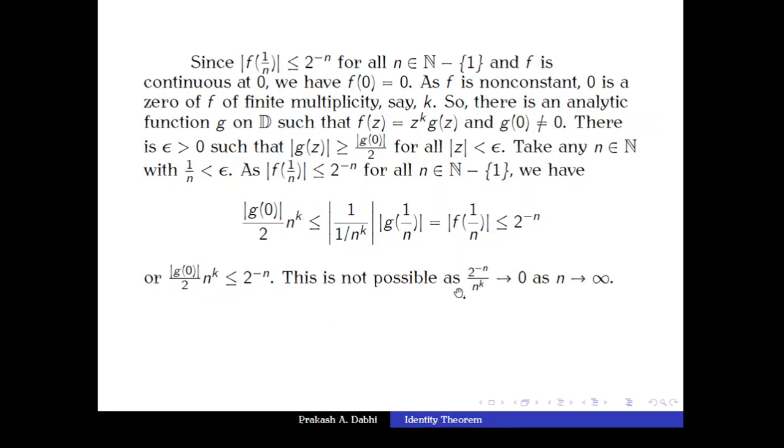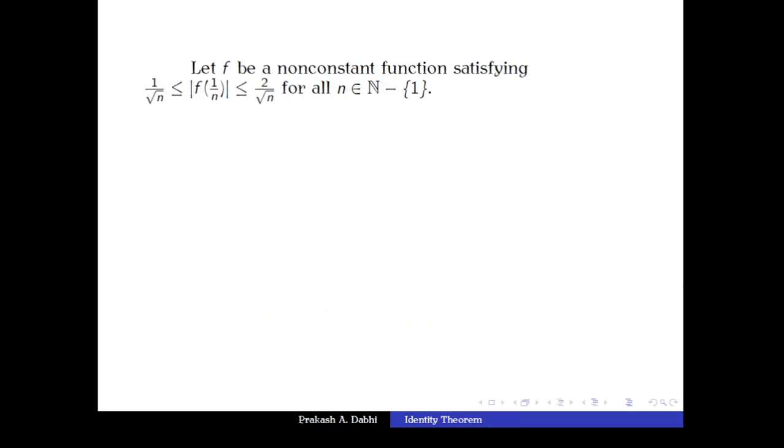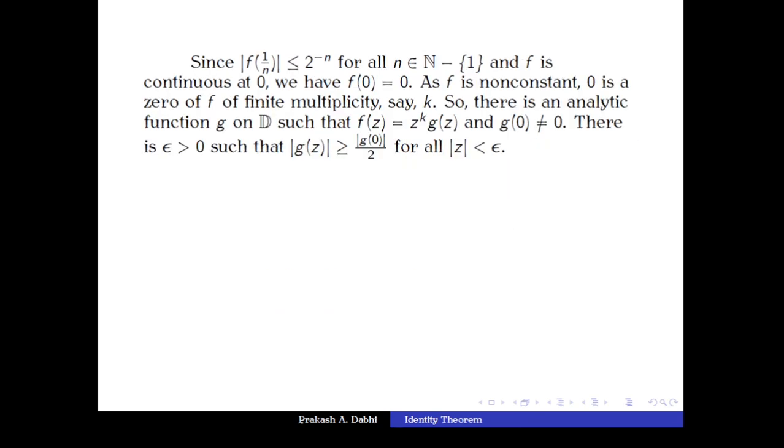But 2 power minus n upon n power k tends to 0 as n tends to infinity, and that means what? Mod of g0 will be 0, and that gives us a contradiction, and therefore our assumption that such a function exists is false.